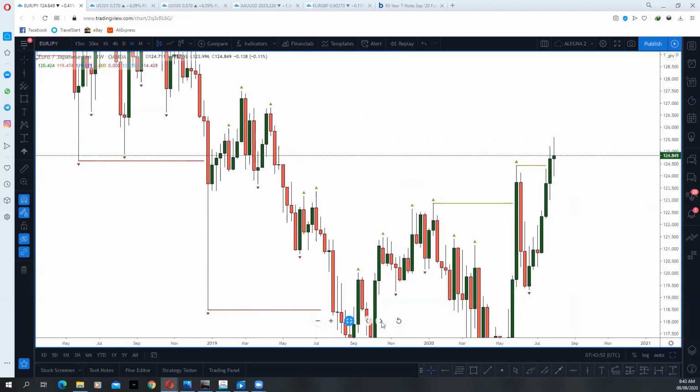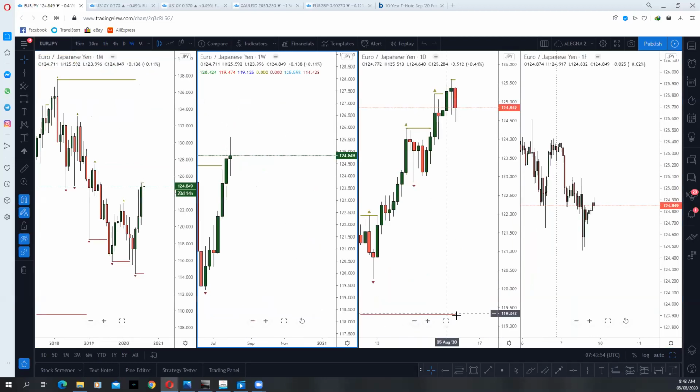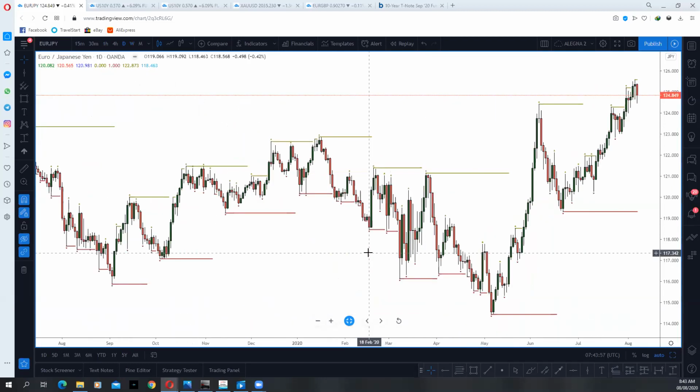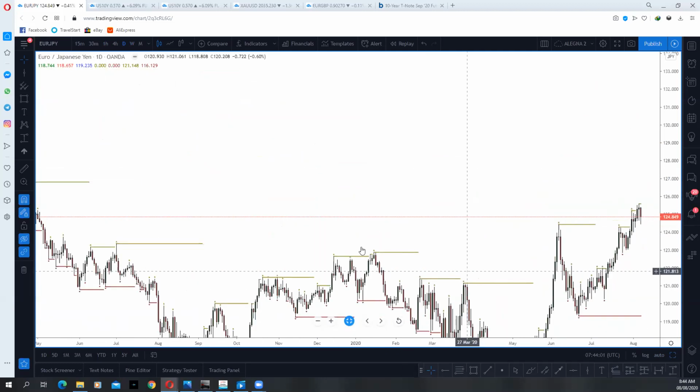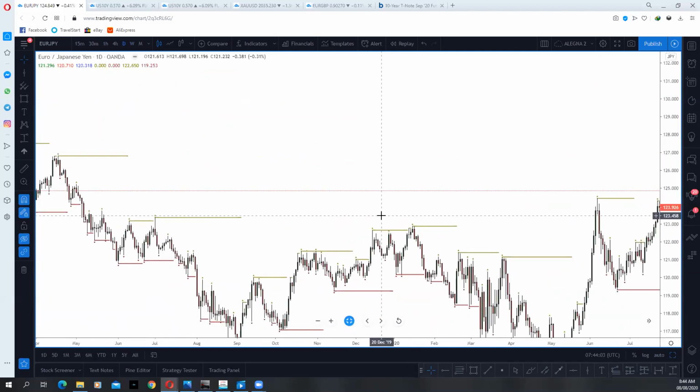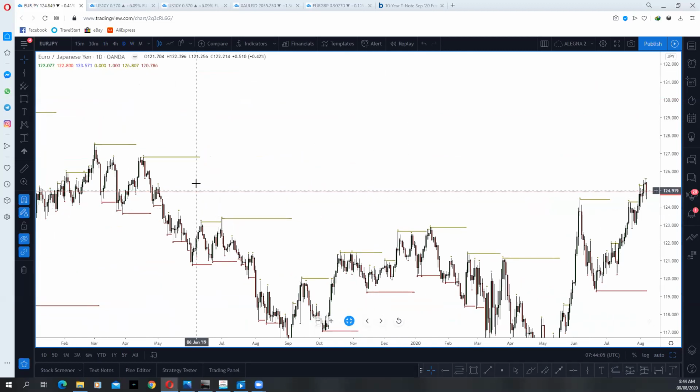This candle here. Let me see if it is clearer on the daily time frame. Yes, there's a swing high here. That was where price ran into.